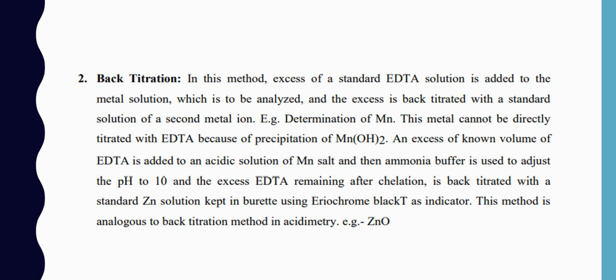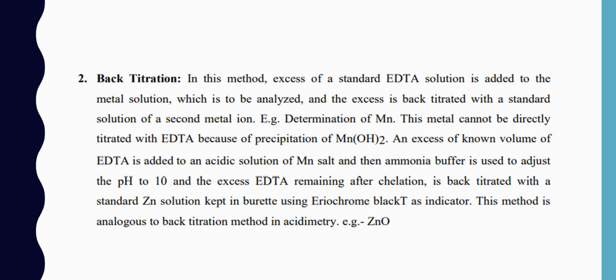An excess of known volume of EDTA is added to an acidic solution of Mn salt, and then ammonia buffer is used to adjust the pH to 10, and the excess EDTA remaining after chelation is back titrated with standard zinc solution kept in the burette using Eriochrome Black T as indicator. This method is analogous to the back titration method in acidimetry.